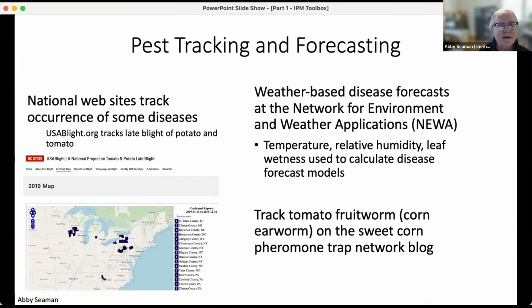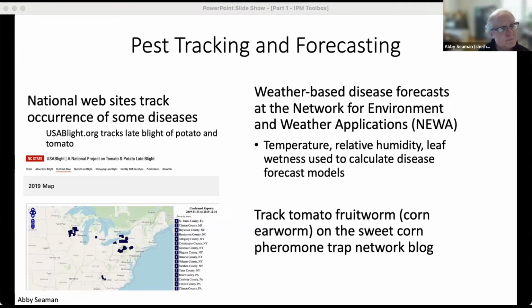So there is a national website that tracks the occurrence of late blight. It's called usablight.org. And you can sign up for text or email alerts from this website, and you can define the area around your farm where you want to know that late blight has been found.